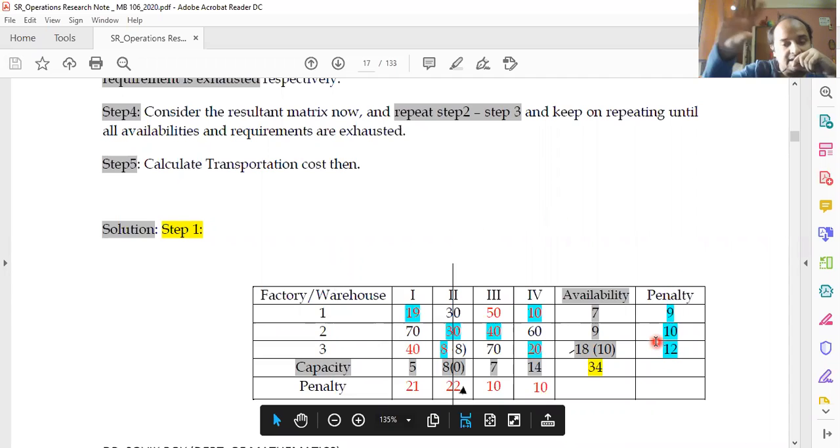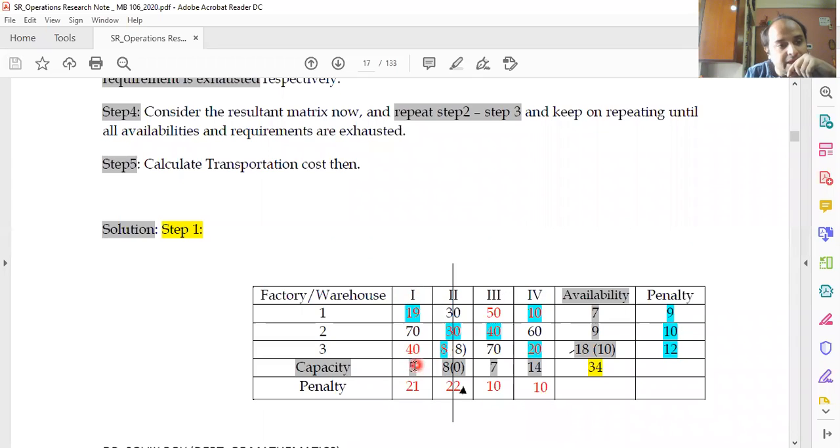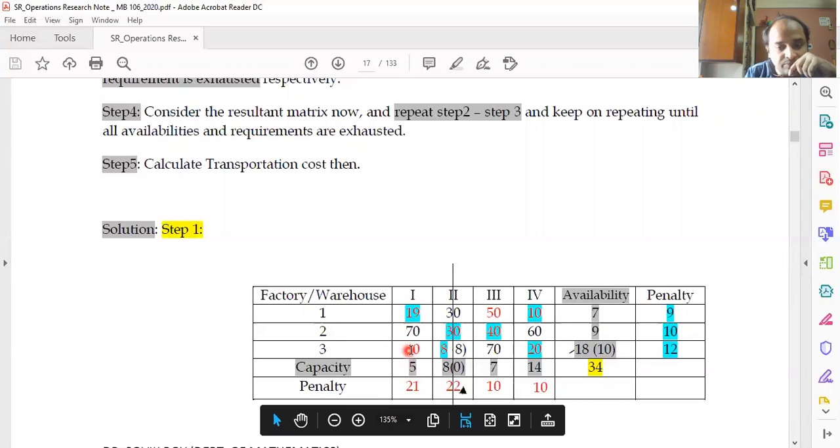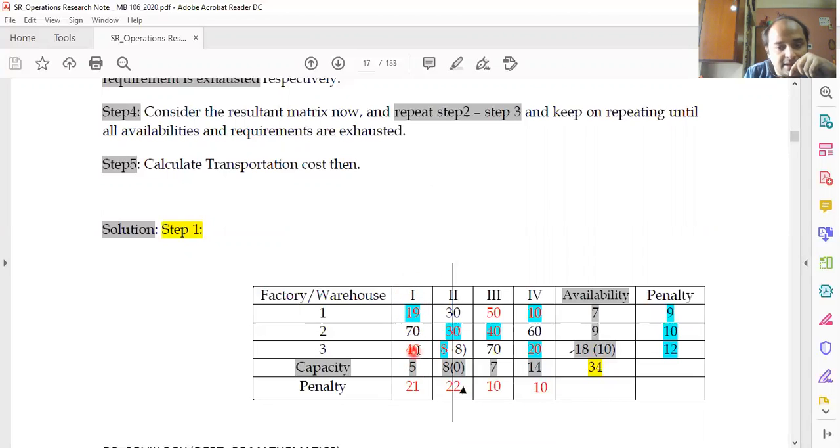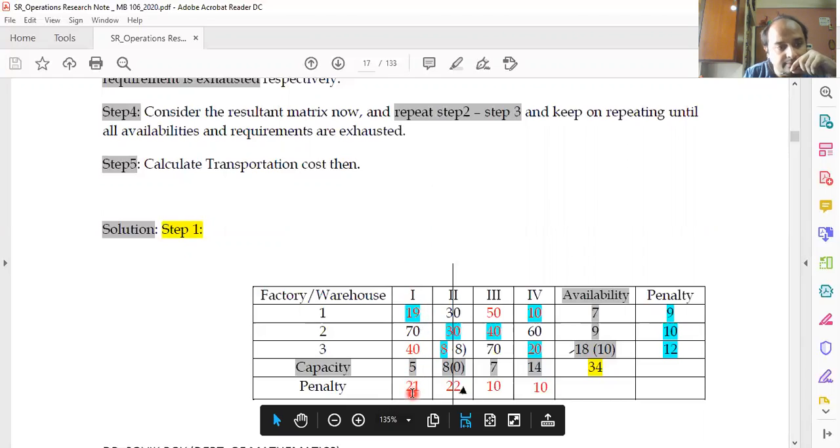Once all the penalties are calculated with respect to rows, we will come to the columns. Now we will do the same thing in the columns. In the first column, the minimum element is 19, don't consider this to be the minimum because these are not the costs, these are the capacities. The next minimum is 40, so their positive difference will be 21.